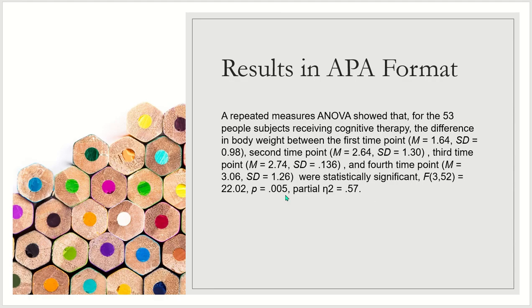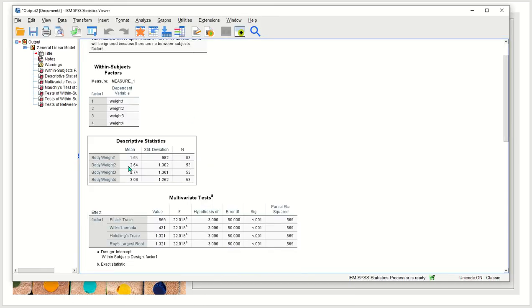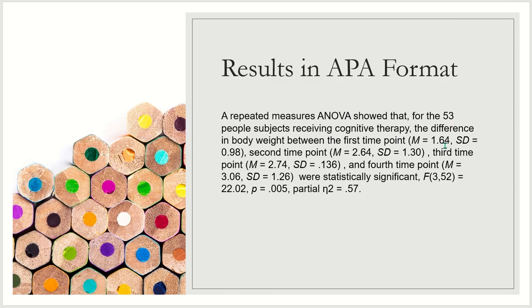Here we said, a repeated measures ANOVA showed that for the 53 subjects receiving cognitive therapy, the difference in body weight between the first time point, and we give the mean for the first time point, as you can see here, 1.64, and then the standard deviation as well, 0.98, and then we do the same for all the means and standard deviations for all 4 times the weight was taken.